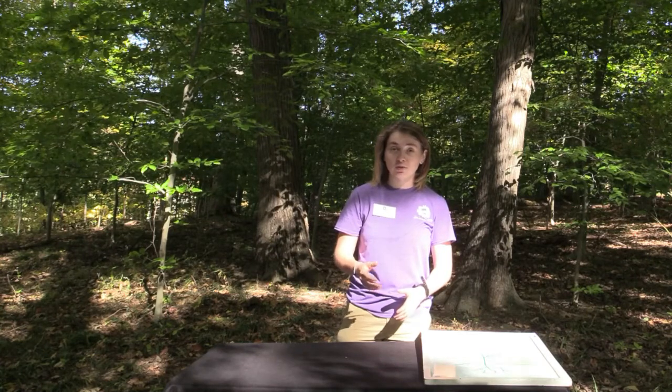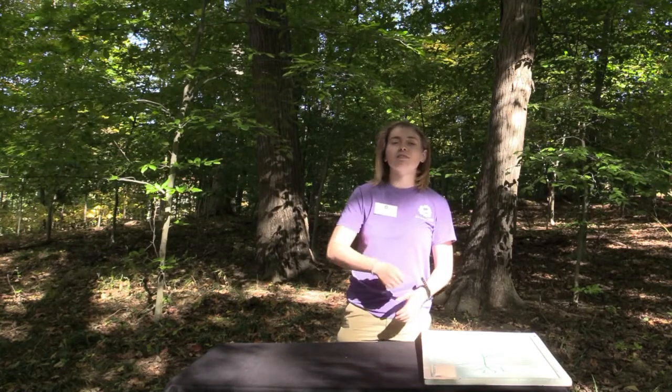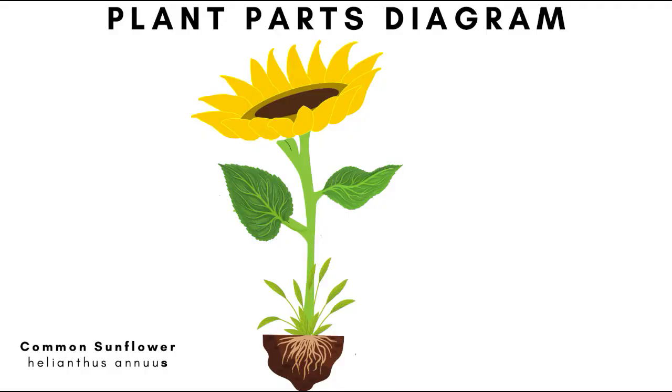Now, trees definitely have a similar structure to a lot of our herbaceous plants, but they have a little bit extra anatomy going on. This is a basic drawing of a herbaceous plant that is in flower. So we have all the way from the bottom of the plant underneath the soil all the way to the top.